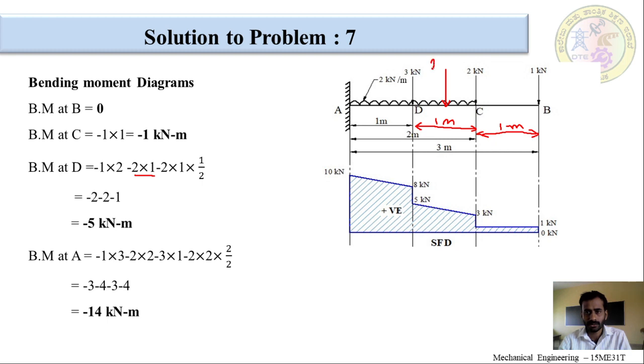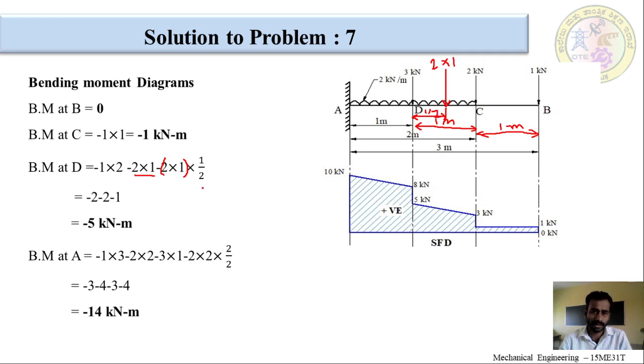So, the load is 2 into the length of the UDL, which is 1 meter from C to D. So, this will be the load, 2 into 1, and as the equivalent point load is applied at the center of the UDL, the distance is half the length of the UDL, that is 1 divided by 2.